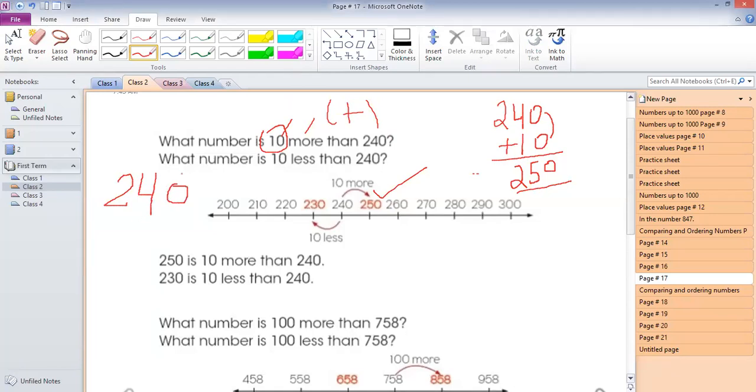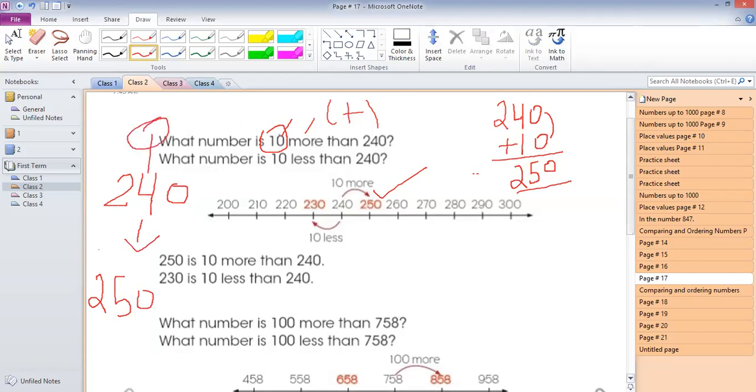In 10, ones are exactly 0. Only you are going to add 1 on the tens. So 4 plus 1, 5. Keep this 2 the same. Just add 1 on the tens, make it 5, and it will be like this: 250.